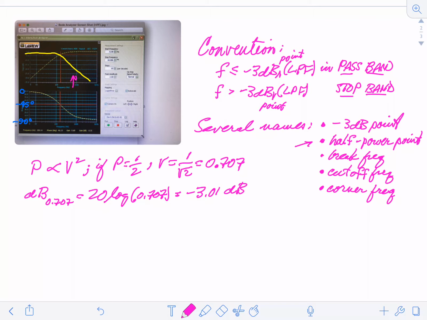So there you are. That's how all of this ties together. This 0.707, minus 3 dB, half power, all of that stuff just kind of fits in that way.